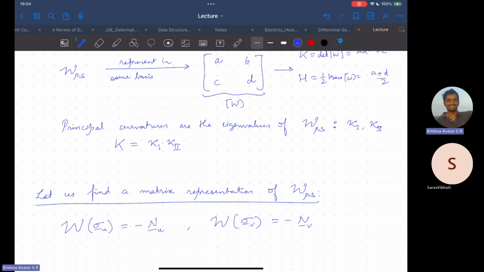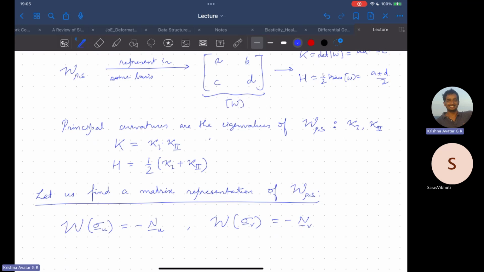And mean curvature is equal to half of kappa_1 plus kappa_2, because the sum of eigenvalues is the same as the trace of a matrix. So we could relate both of these.